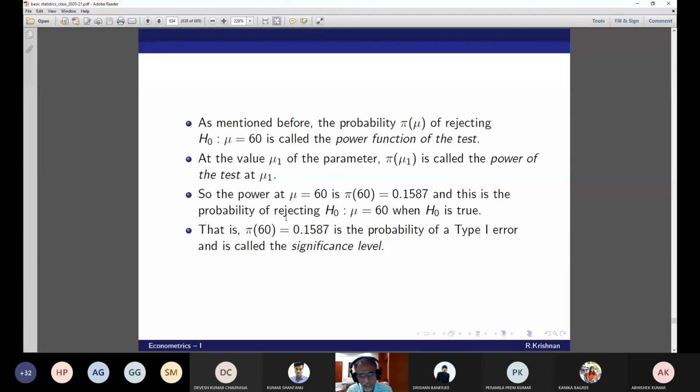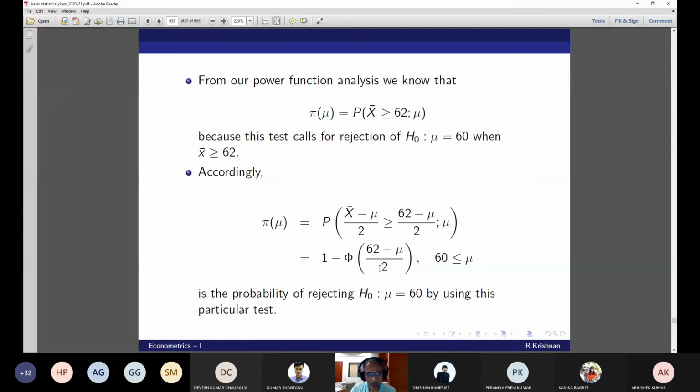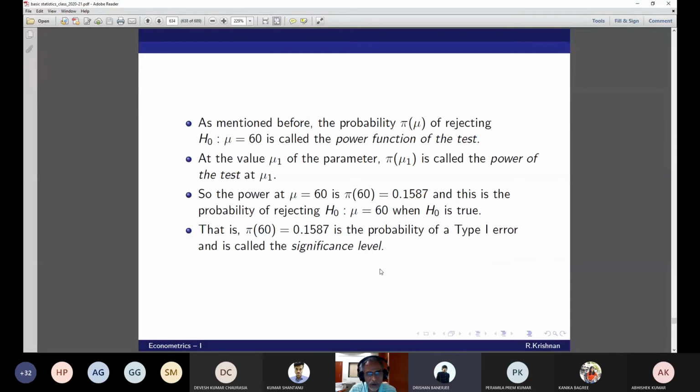Can you see this slide right now? Yes, sir. As mentioned before, pi(mu) is a power function, isn't it? Yes. Suppose I put the power function of the test, suppose mu is equal to mu1, and evaluate this probability. This will be your power of the test.